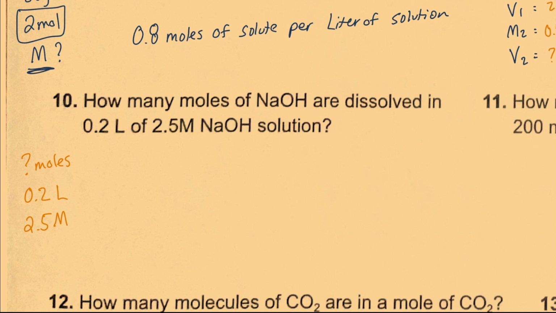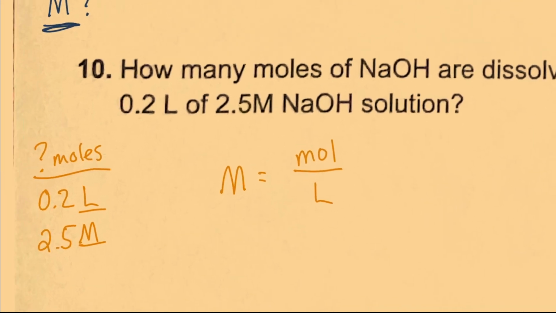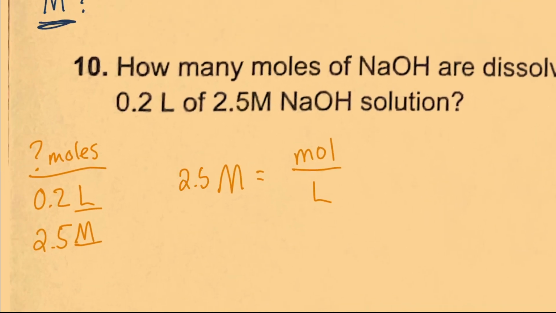When you see that you're solving for moles and you have liters and molarity, you know that we can just use this formula: capital M equals moles divided by liters. Capital M is 2.5, it's molarity. Moles, that's what we're solving for. That's X, divided by 0.2 liters.